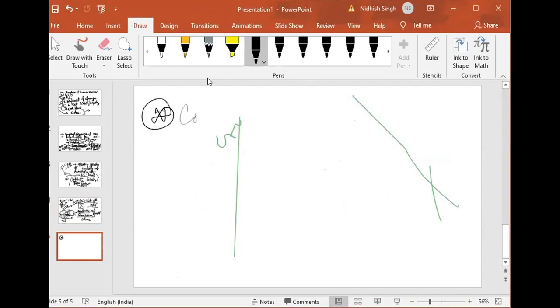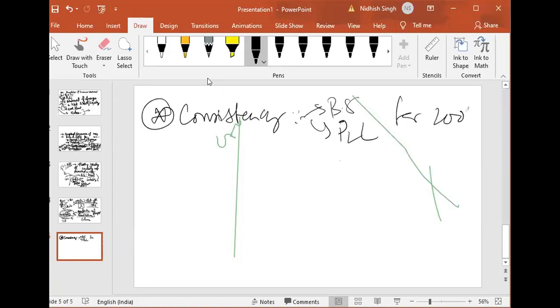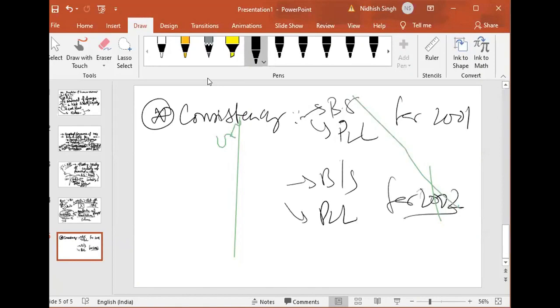So consistency, a key aspect of the accounting standards, IAS 1, because when we have a balance sheet and the P&L for 2001, and then another balance sheet and the P&L for 2002, often we see the argument that, you know what, in 2001 we disclosed it, but in 2002 we did not think it is important.